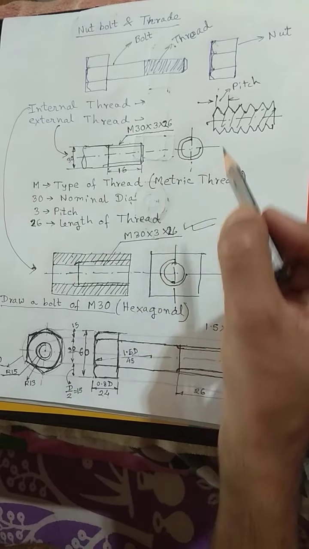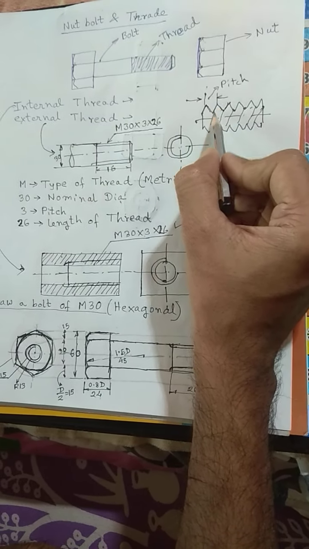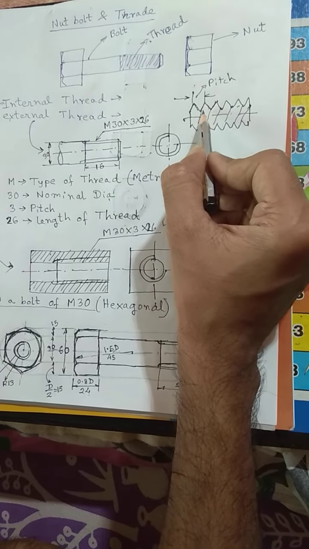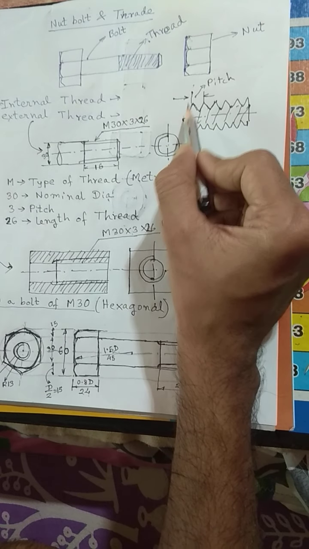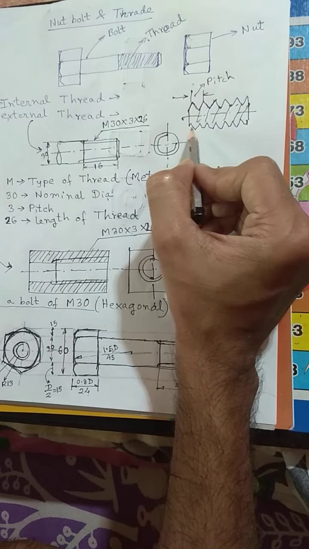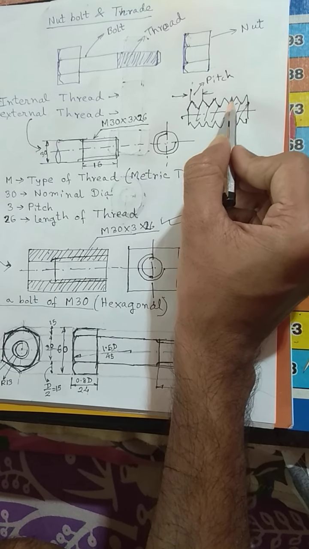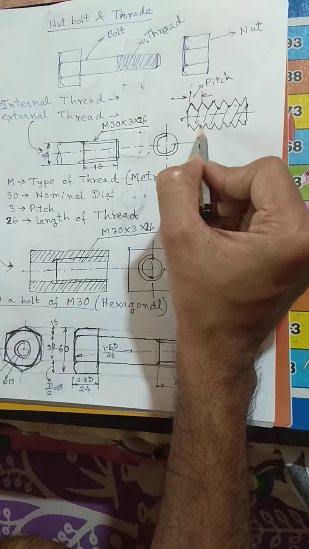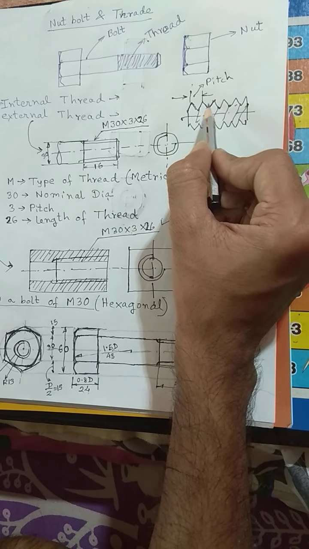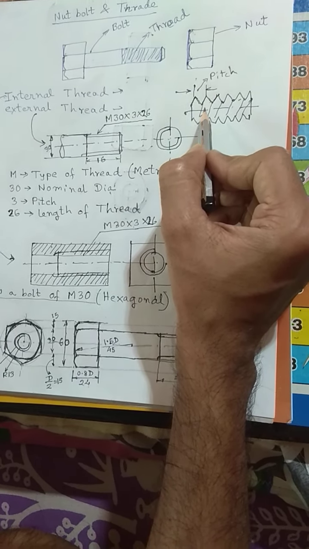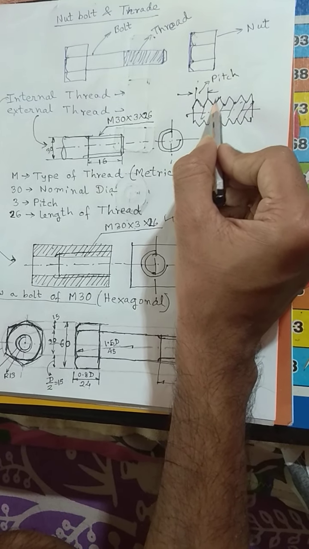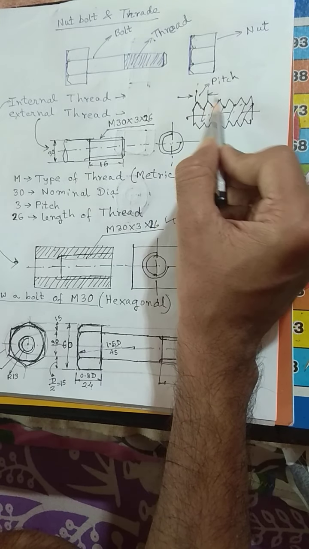What is pitch? If we see a thread through a magnifying glass, then you can see these teeth like this, in this way. It is so large. When we are seeing through a magnifying glass, we can see these teeth in a big manner.